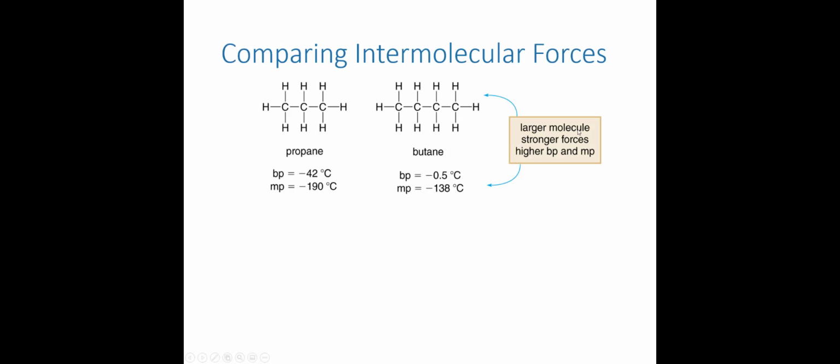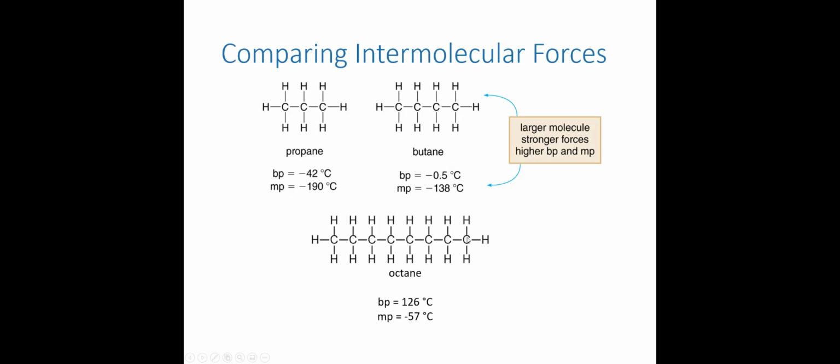Well, larger molecules generally experience stronger forces. And so that's why butane boils at about 0 Celsius, whereas propane boils at negative 42 Celsius. What state are both of these at room temperature? 25 degrees Celsius is well above the boiling point of both of these, so these are both gases at room temperature.